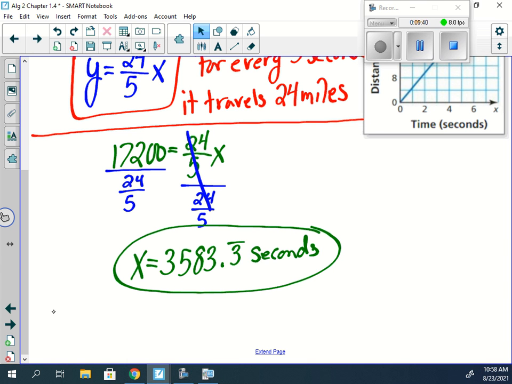Any questions on this here? 24/5. Yeah. 24 divided by 5.